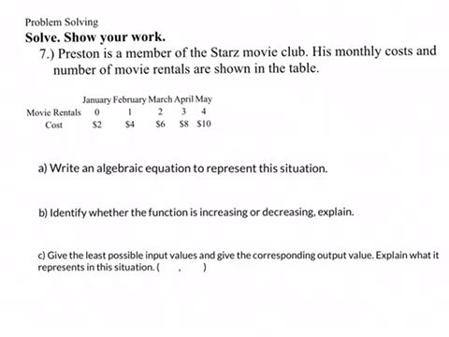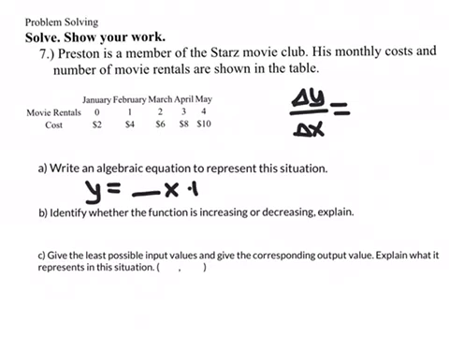So to do that, we have to do the change in y over the change in x, and we have to find the initial value, which is the b. So we have to do y equals mx plus b. So let's look here. The change in the y value.